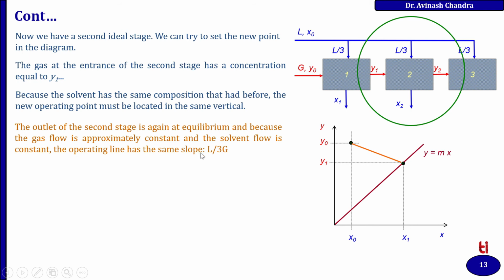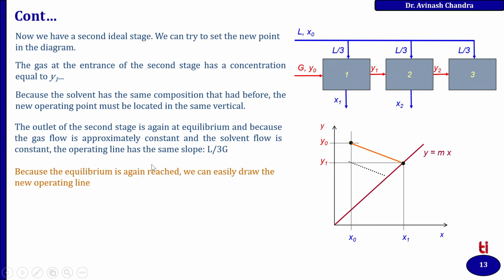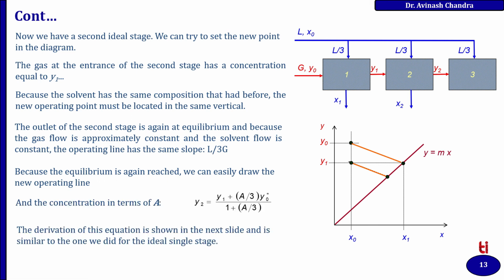So in that case, the slope of the operating line here is again minus L by 3G. Because equilibrium is again reached, we easily draw the new operating line, having the same equation as previously, and the concentration in terms of A is y2 equal to y1 plus A by 3 y naught star upon 1 plus A by 3. So this is for the second stage.